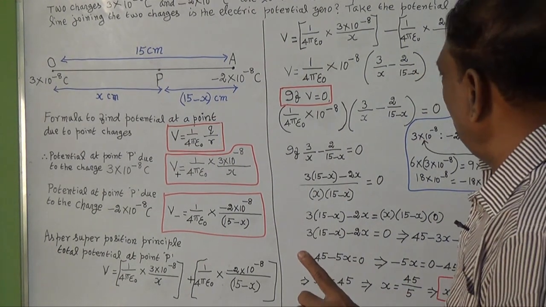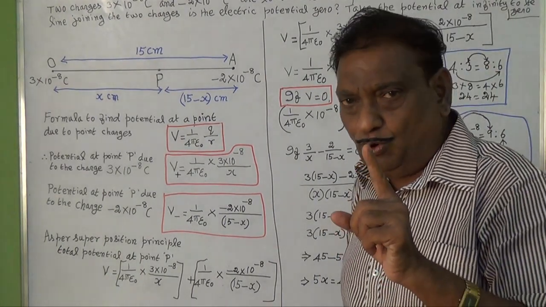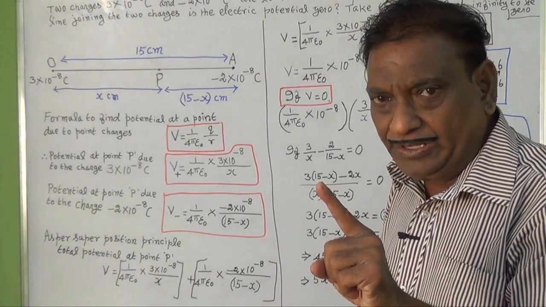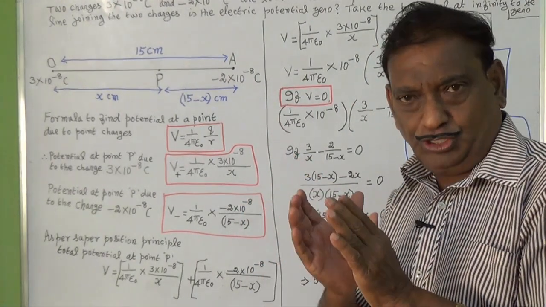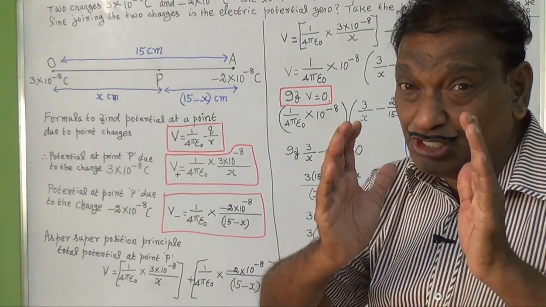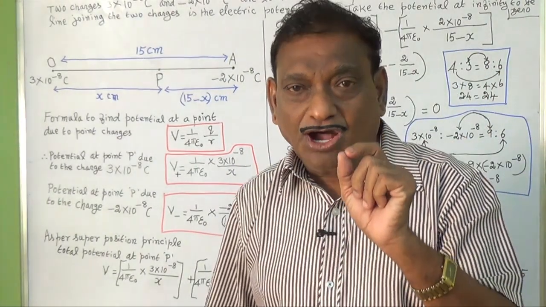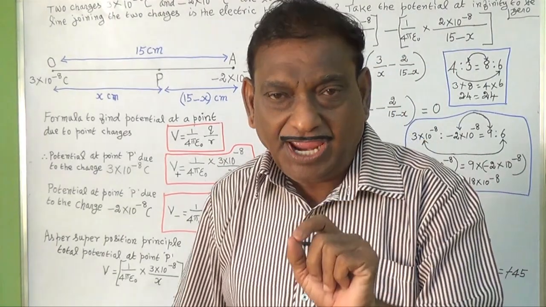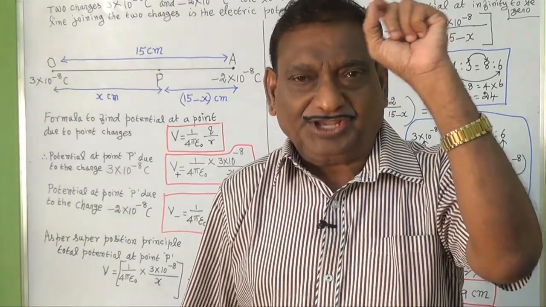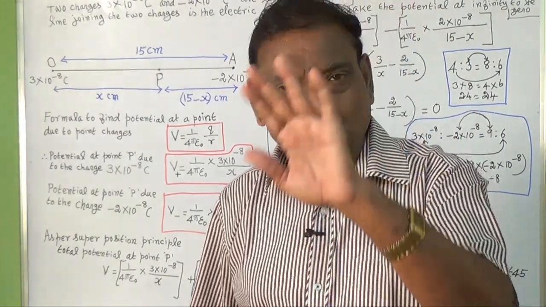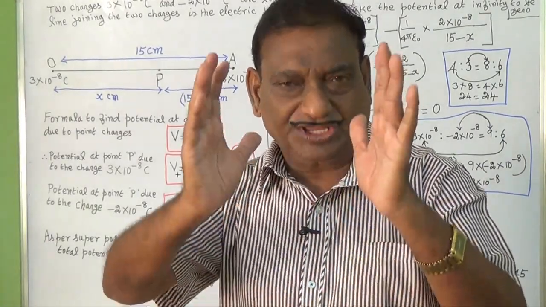Now we are going to do one thing. We are going to substitute the potential as 0. Why are we going to substitute potential as 0? Because in the sum it is asked to find at what point the electric potential will be 0 on the line joining these given two charges.